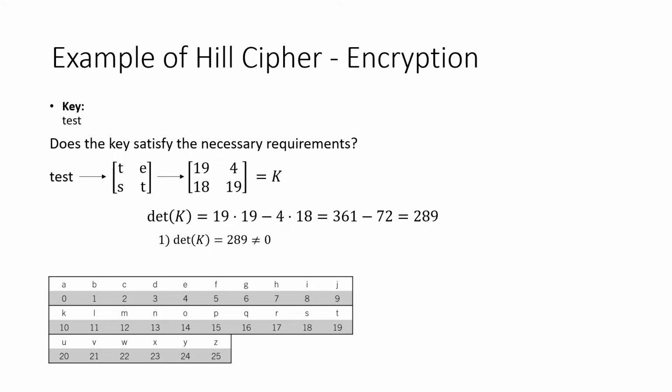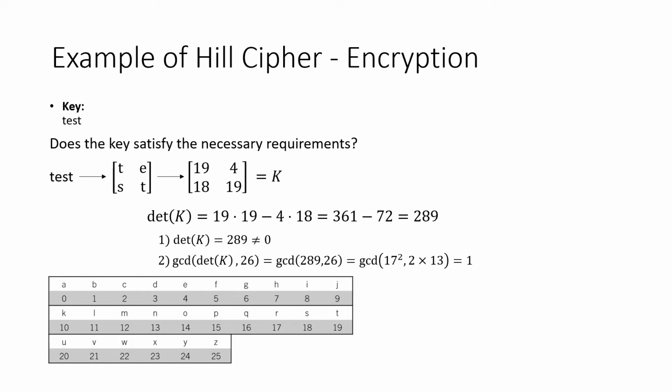It may not be obvious at first glance, but 26 is an even number, 289 is an odd number. So there's a bit of reasoning in between, but once you've done that, you can be sure that 289 is not divisible by 26. And the second component is that we need to ensure that the GCD of 289 and 26 is equal to 1.